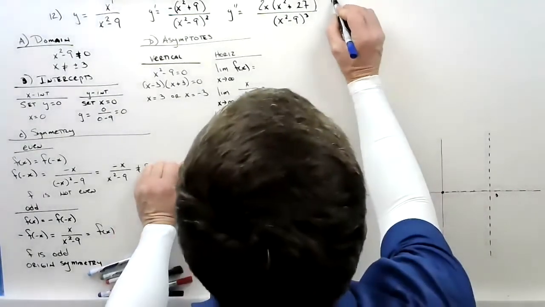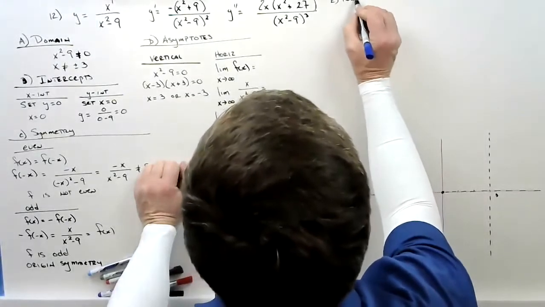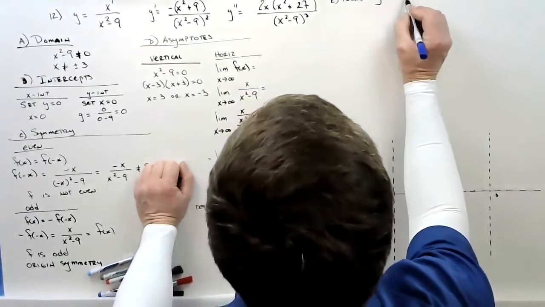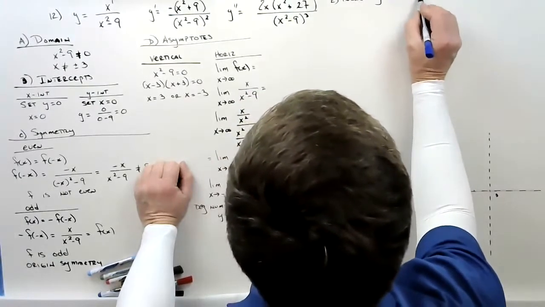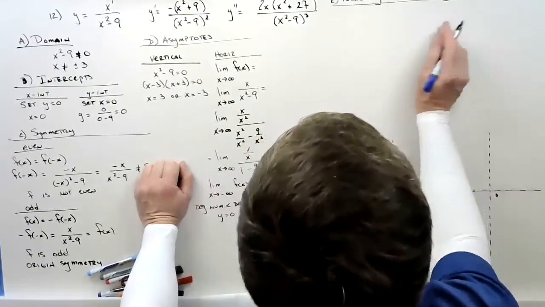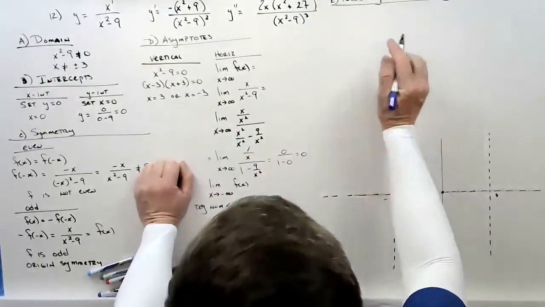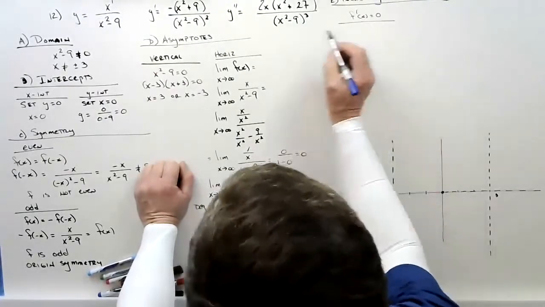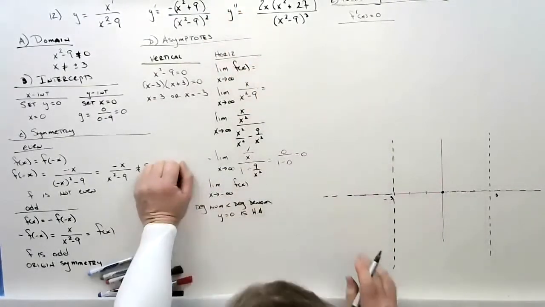E is increasing versus decreasing. So we take the derivative and we set it equal to 0. Now we found the derivative right there, right?